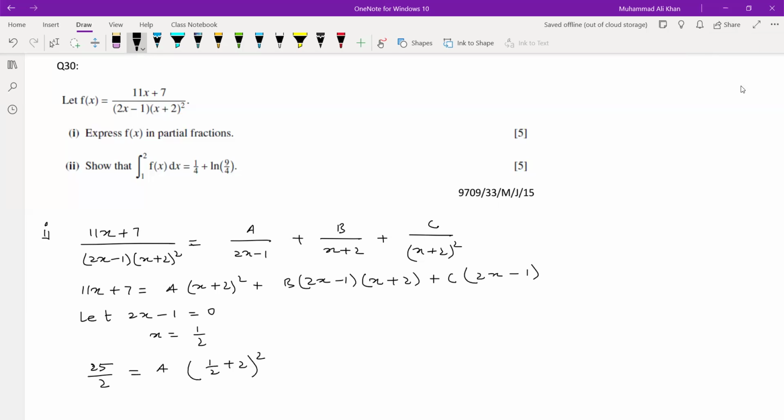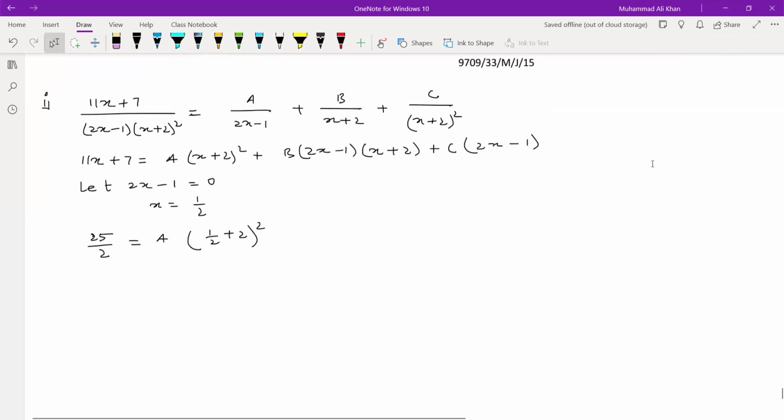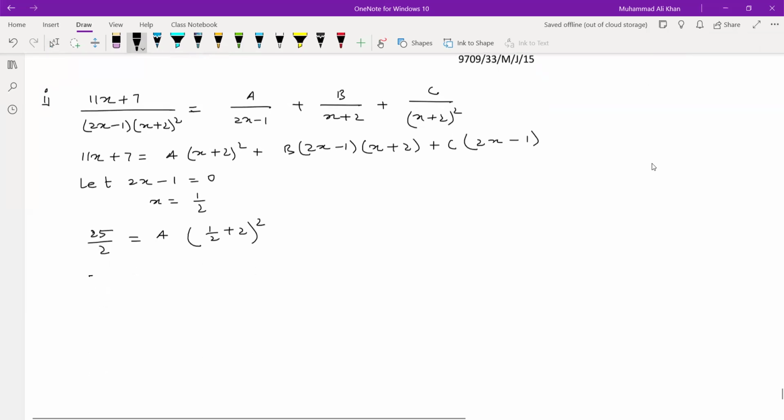So 25/2 equals a times 25/4. So after cancellation, the value of a is 2.